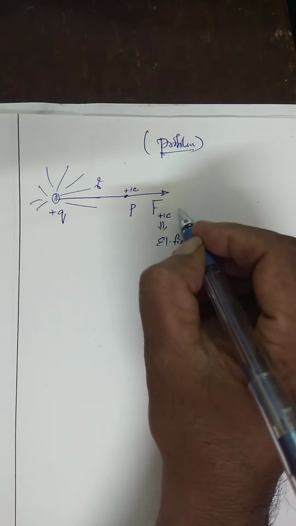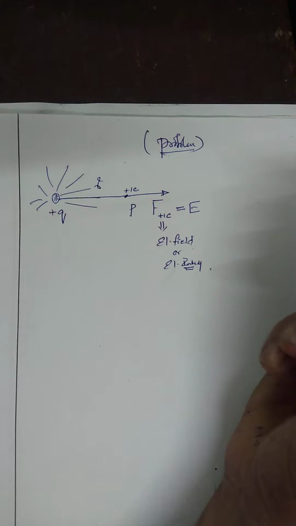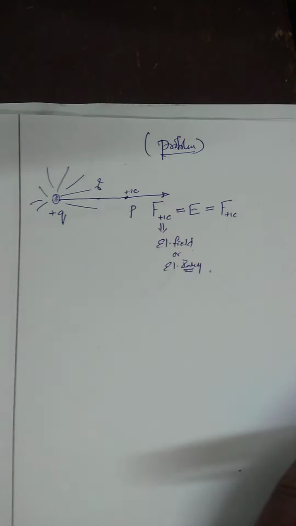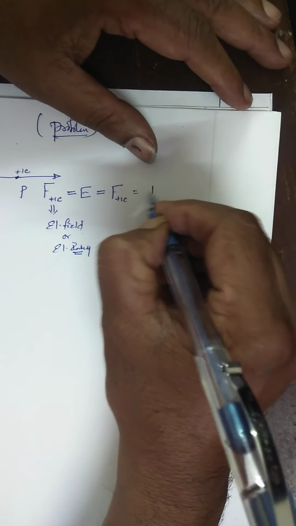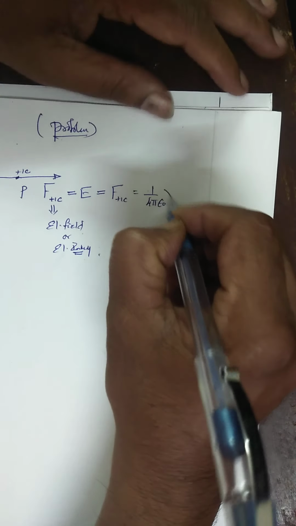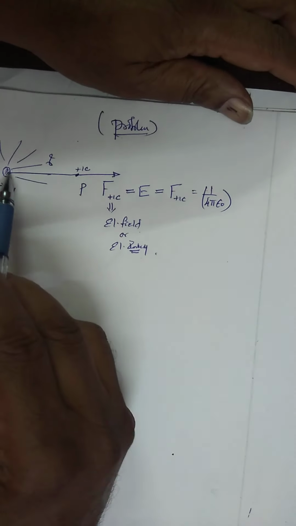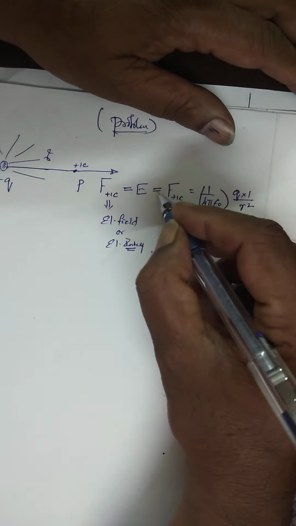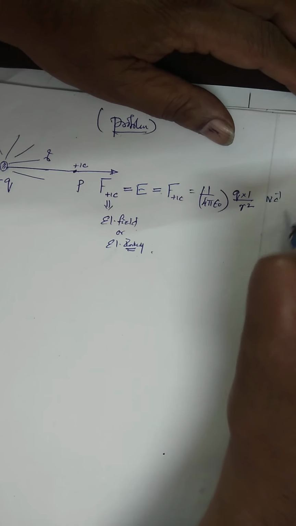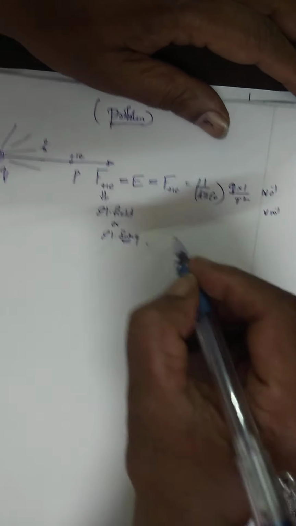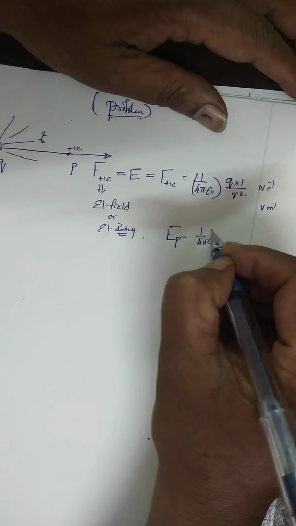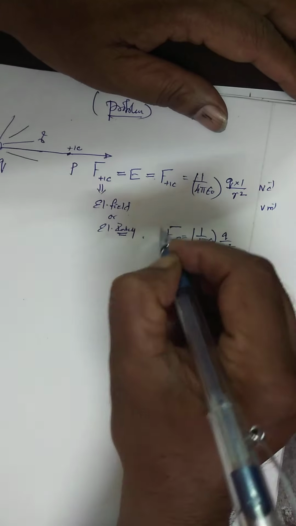It is denoted by E. That means electric intensity is the force acting on a unit charge, which is equal to 1 by 4 pi epsilon naught, Q1 Q2 by R square. Force per unit charge, so the unit is Newton per coulomb or volt per meter. Therefore, electric intensity at that point is given by 1 by 4 pi epsilon naught Q by R square. This you know.